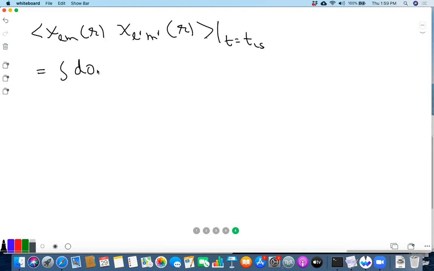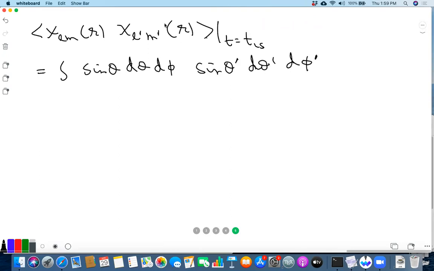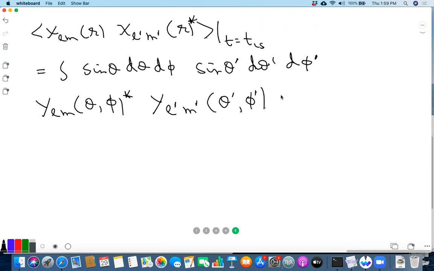So you can write this as the integral of sine theta d theta d phi, sine theta' d theta' d phi', with a star here, so Y_LM theta phi star, Y_L'M' theta' phi', and then chi of r theta phi, chi of r theta' phi'. So this is what we measured.